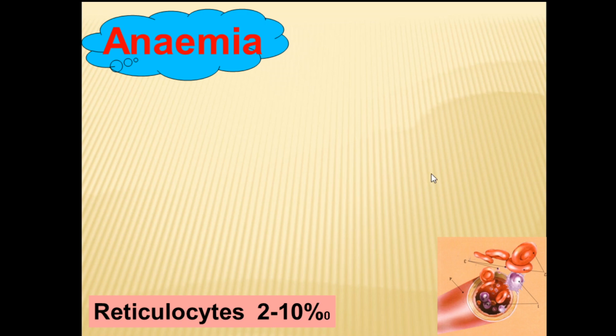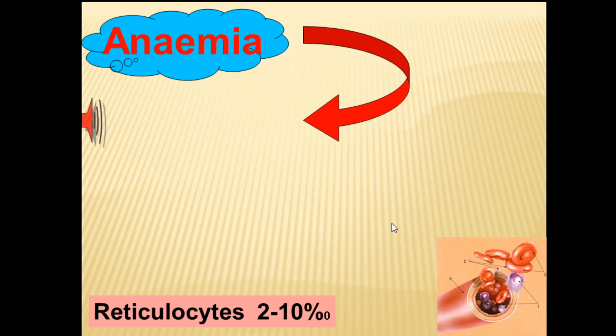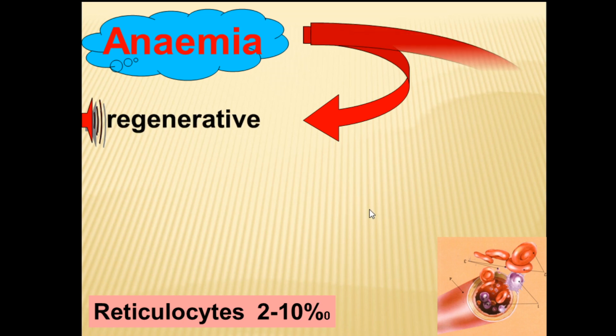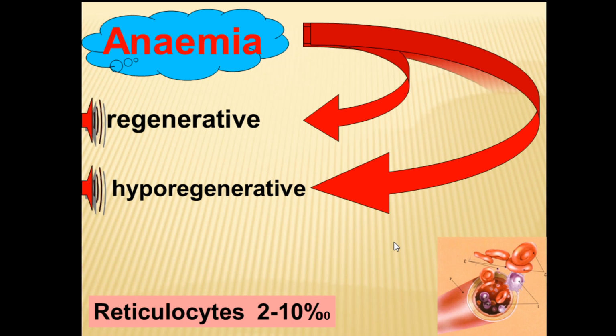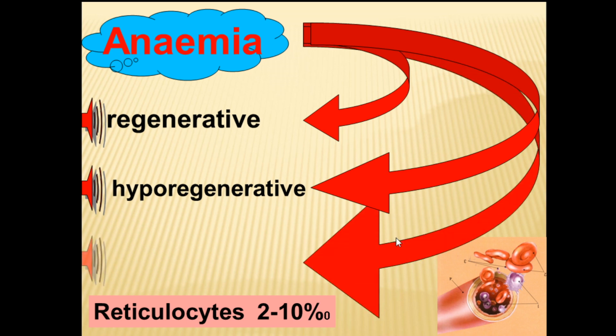And if we are talking about anemia depending on the activity of bone marrow, we distinguish regenerative, hyperregenerative, and aregenerative anemia. And sometimes we will control the dosage of medicine depending on the activity of bone marrow.